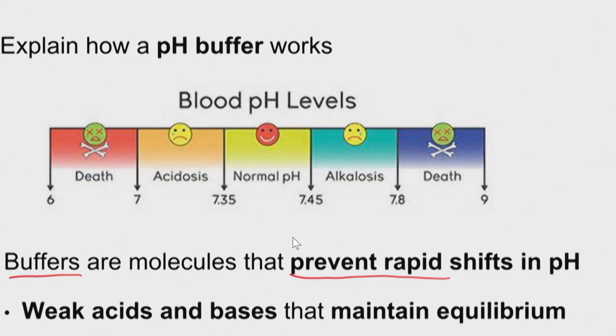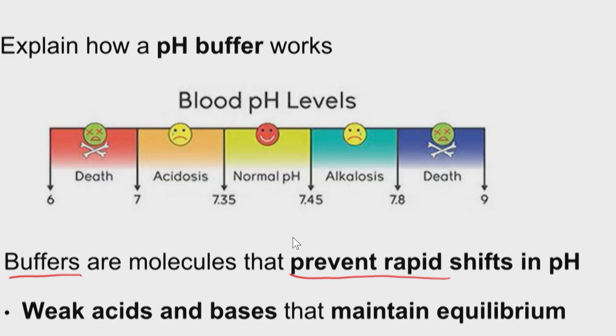And your body does this by keeping weak acids and bases around, and they help maintain this equilibrium. So basically, let's assume that your pH is rising. When the pH rises, that actually means that your H plus concentration is low.